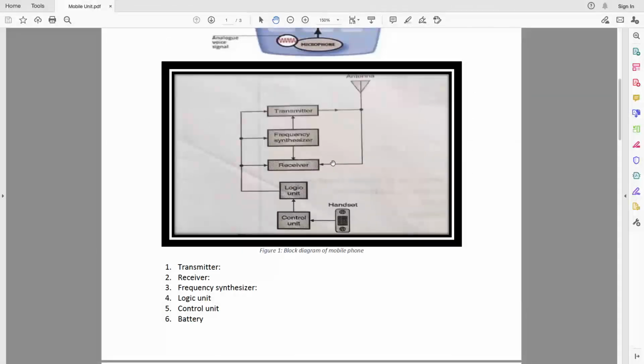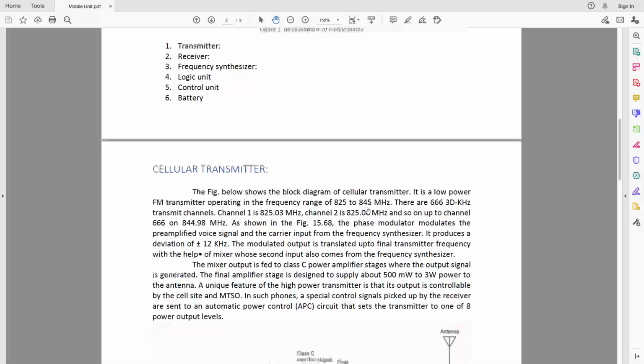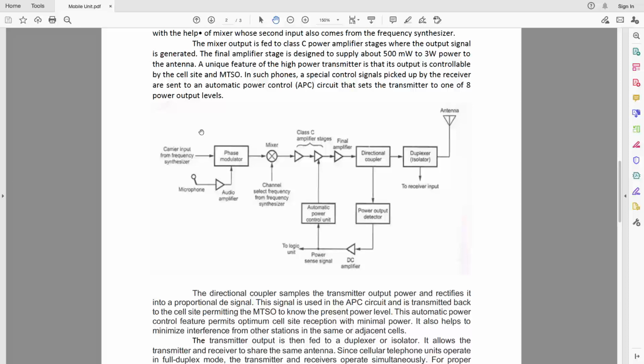In this block diagram, the receiver receives an electromagnetic signal with the help of the antenna and converts it into a digital signal, which is again converted into an analog signal and applied to a loudspeaker. This is the carrier input from the frequency synthesizer.